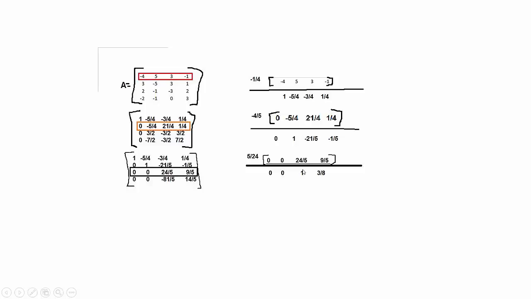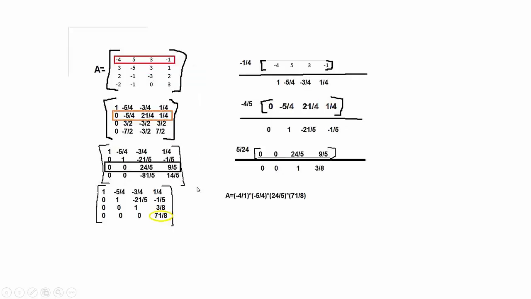In the next row we're going to divide by this number in order to get 1 in this number. By the last term we discover that there isn't a 1, there is a 71 over 8.